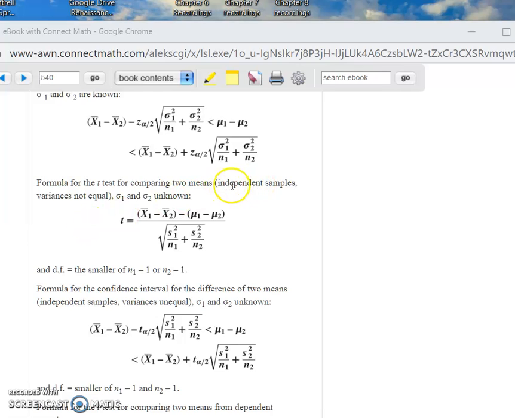No, I'm sorry, I beg your pardon. This is for the t-test, for comparing the two means, but they have to be independent samples, and we also have another requirement of the two samples: the variances are not equal, and sigma 1 and sigma 2 are unknown.